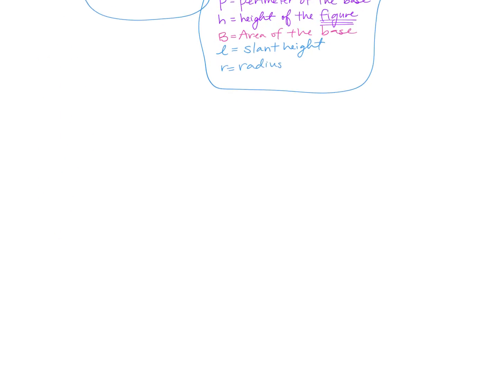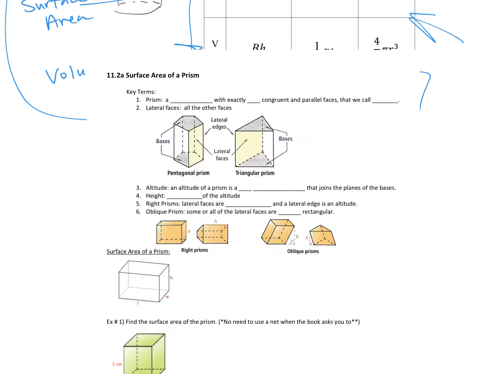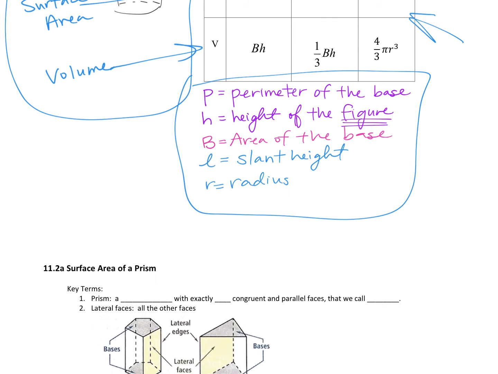Okay, let's jump into 11.2, Chapter 11. What were the three on the side? Lateral area, surface area, and volume.